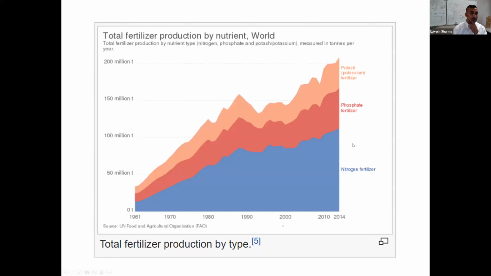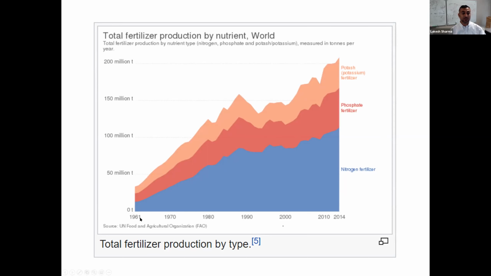Okay. So although there's a huge push to reduce nitrogen usage in the agriculture system, if you can see, this is the world NPK usage across agriculture production systems.